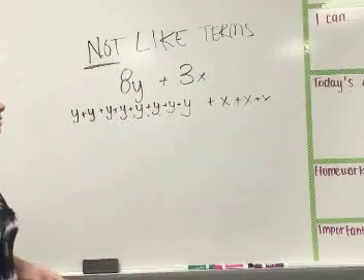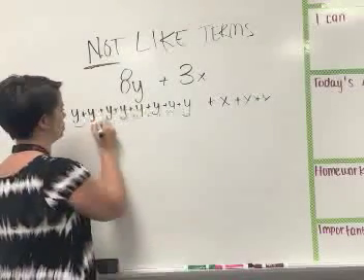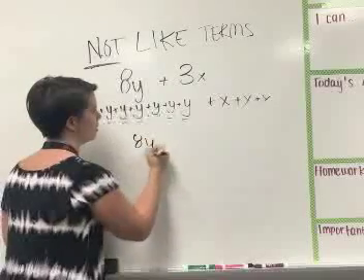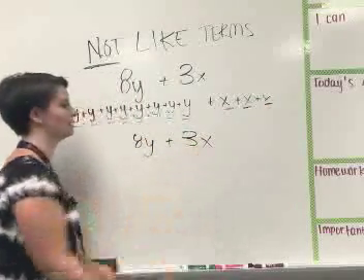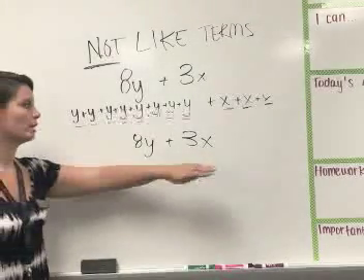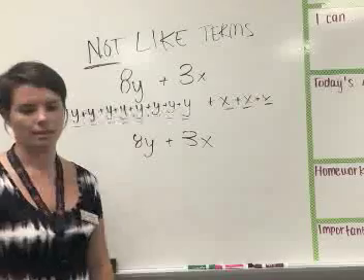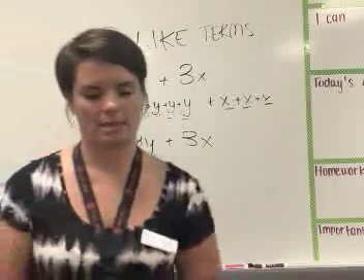No, it doesn't make 11 xy's. It makes 8 y's and 3 x's, right? So we cannot add them together. Does that make sense? Okay. I know this can be a little tricky, so let's go ahead and do a practice together.